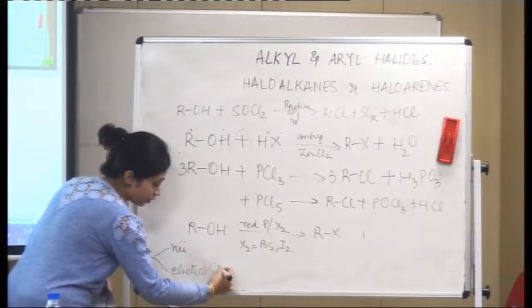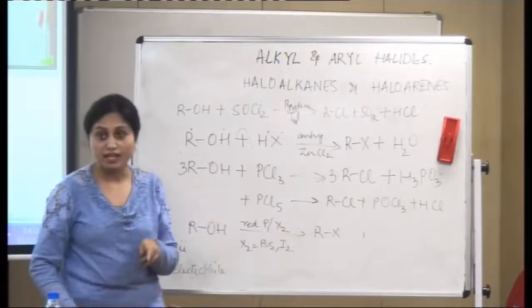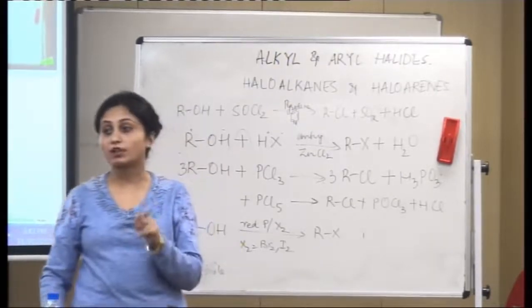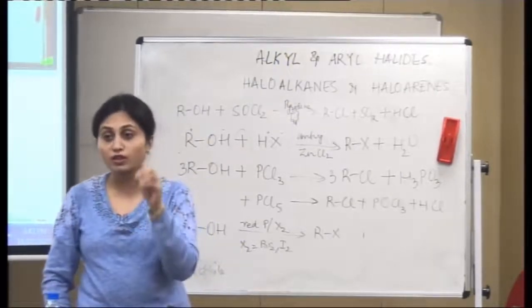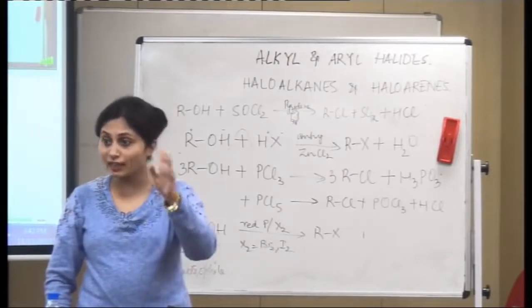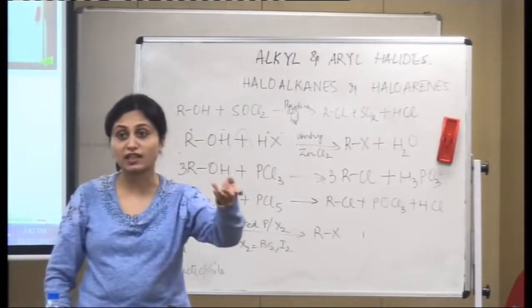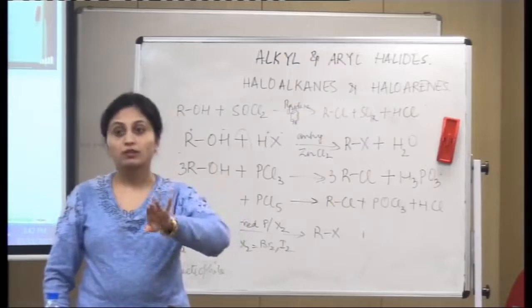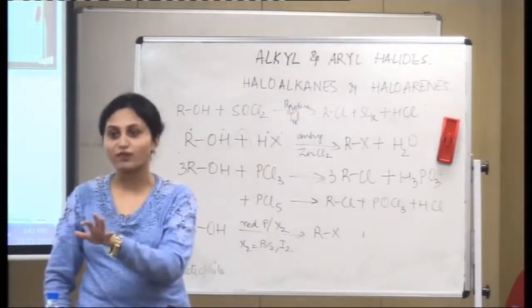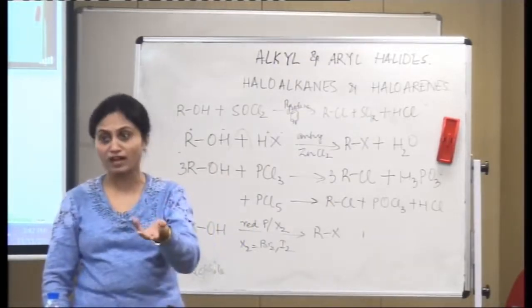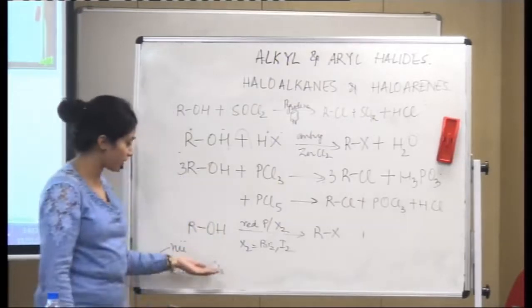Remember that nucleophiles are electron rich and electrophiles are electron deficient. Do not get confused, because some students get confused thinking that electrophile means electron loving, but it is electron deficient.